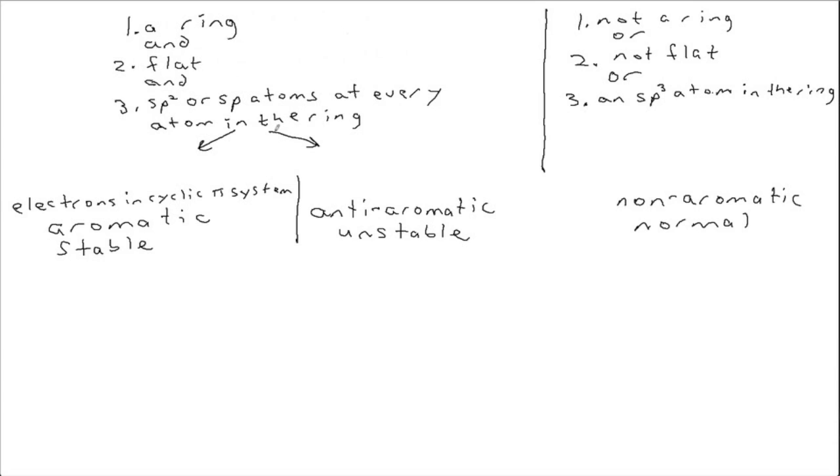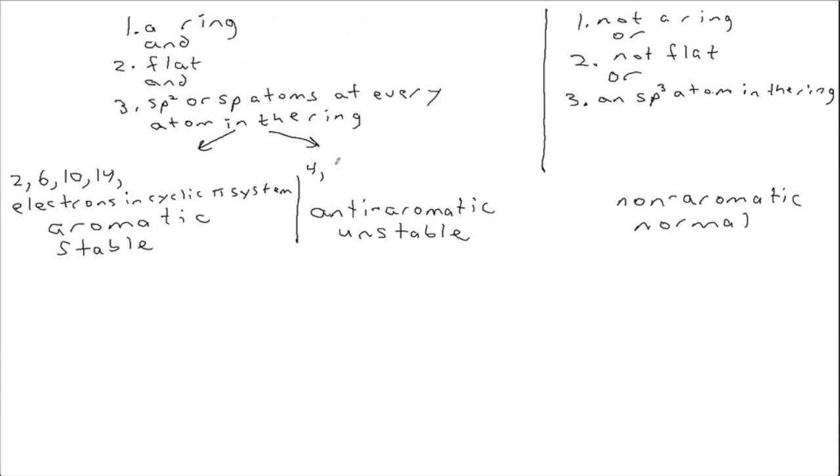Okay, so now we have to count the number of electrons in the cyclic pi system. Well, that's good news because we just learned how to do that a few minutes ago. So if there are 2 or 6 or 10 or 14 electrons in the pi system, that makes it aromatic.